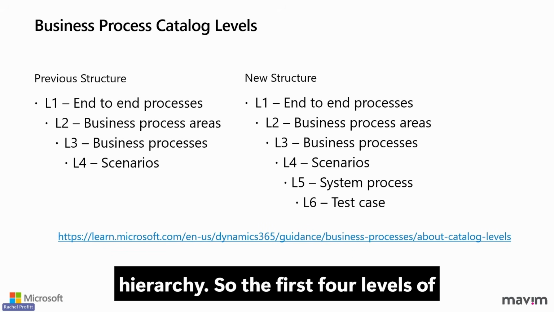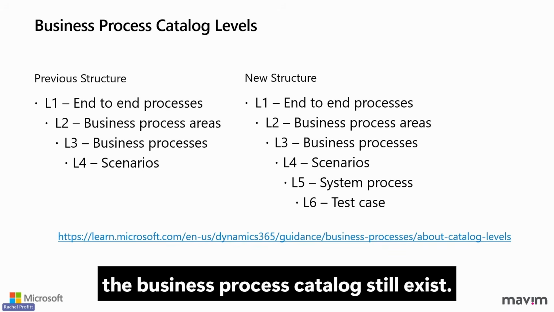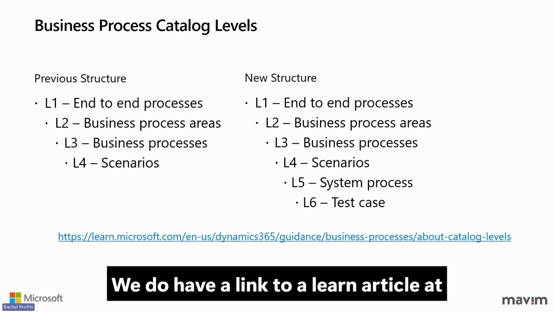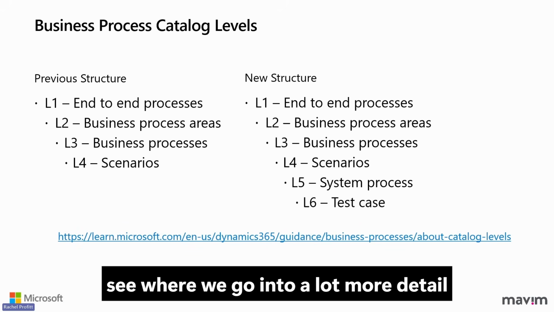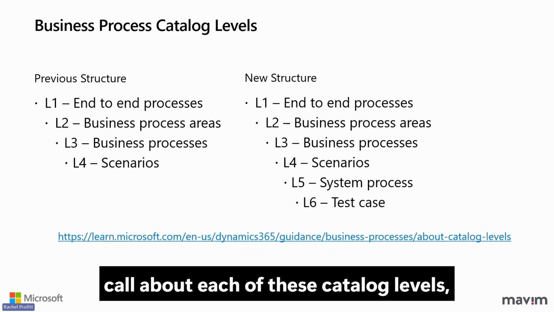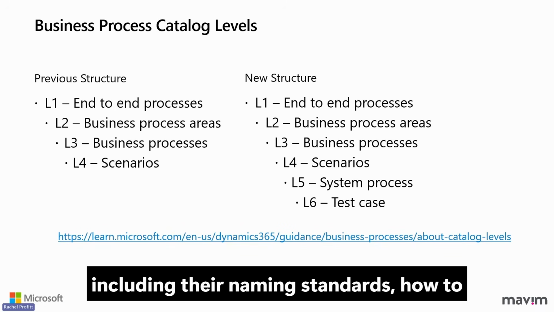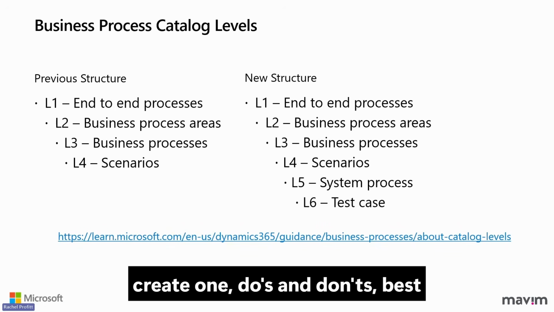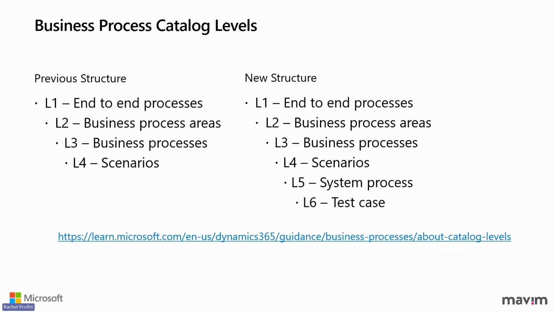So the first 4 levels of the business process catalog still exist. We do have a link to a Learn article at the bottom of the page here that you can see, where we go into a lot more detail than we're going to go into on today's call about each of these catalog levels, including their naming standards, how to create one, do's and don'ts, best practices, and so on.